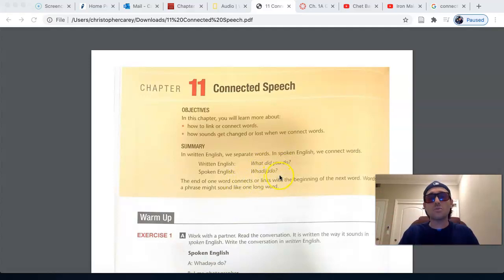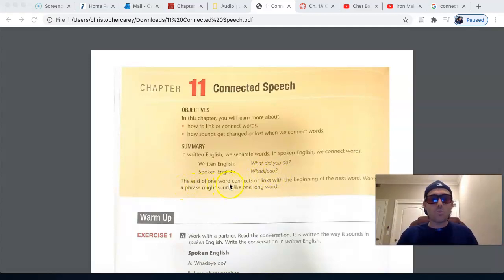What did you do? What did ya do? What did you do? Is the spoken way of saying this sentence. And you can see how the vowel sounds and consonant sounds are all connected together.